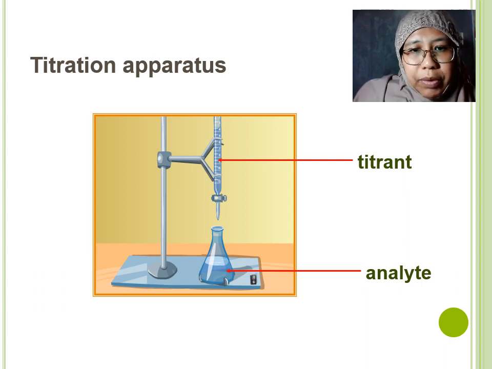I'm sure you are familiar with this. In the burette, we insert the base, which is called titrant. And in the conical flask down there, we pour in the analyte. That solution is called analyte.